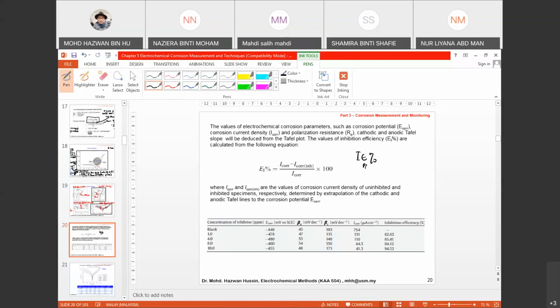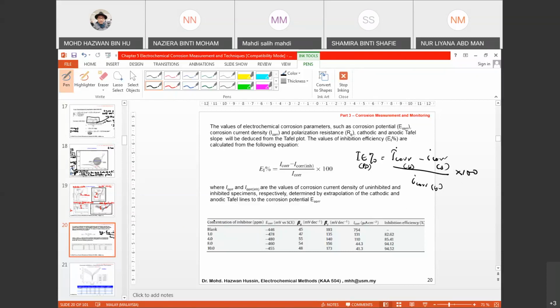I just write PD if you calculate using PD methods. Icorr of blank minus Icorr of sample divided by Icorr of blank times 100. If you have a higher percentage of inhibition, it means that it is effective.